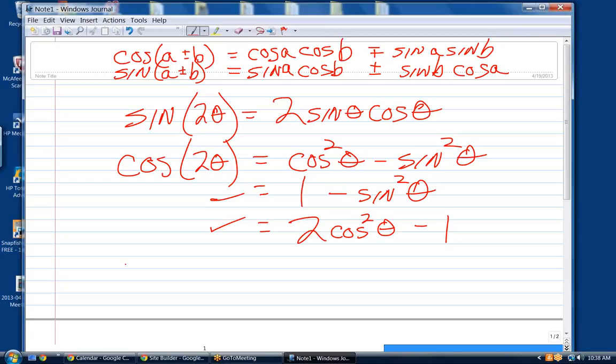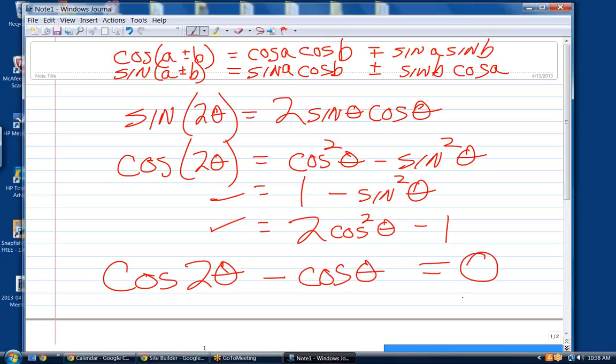What do I mean? Where could this pop up? Let's take this problem right here. If I were to try to solve this equation that I've written down here at the bottom, which trig identity would I use?